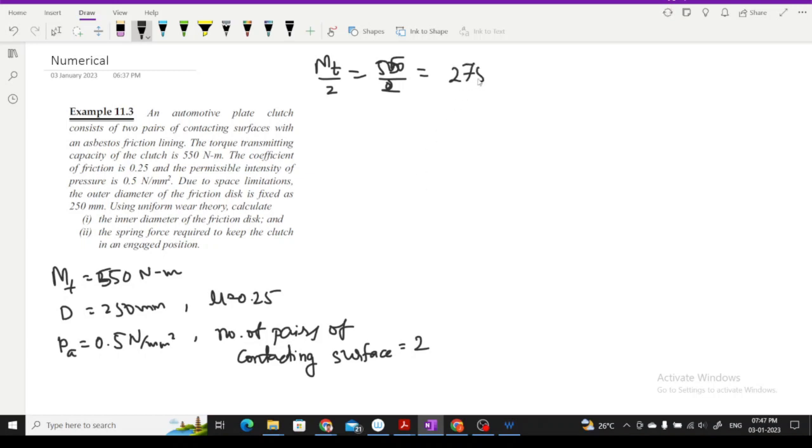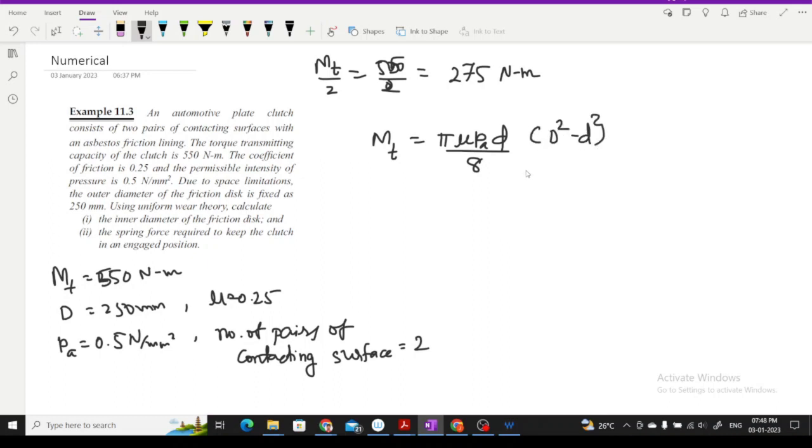So for calculating our asked data, you will consider torque as 275. And you need to use uniform wear theory, in which Mt is given by pi mu p d by 8 into D square minus d square.